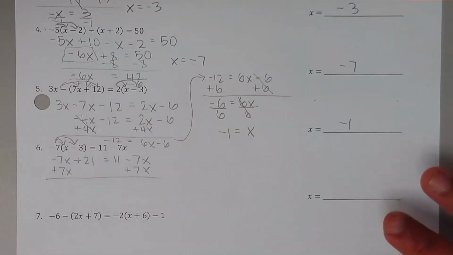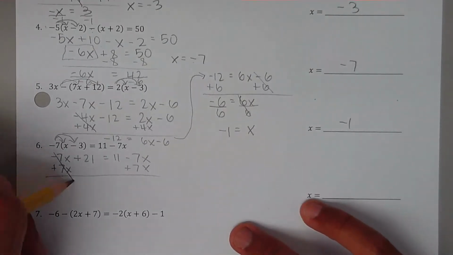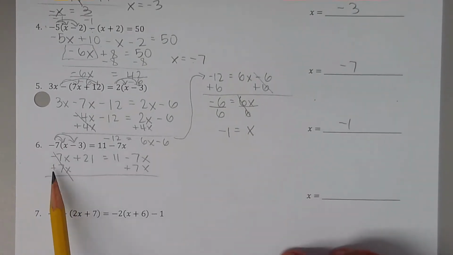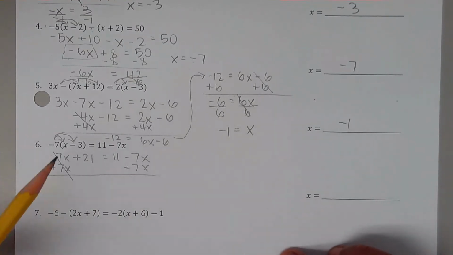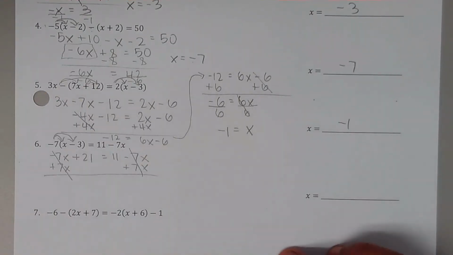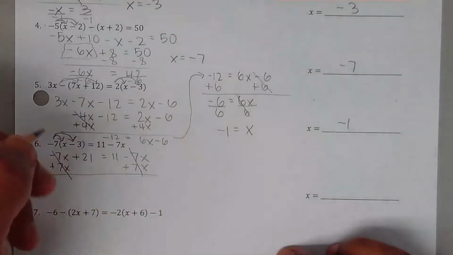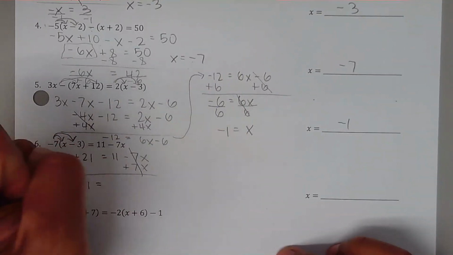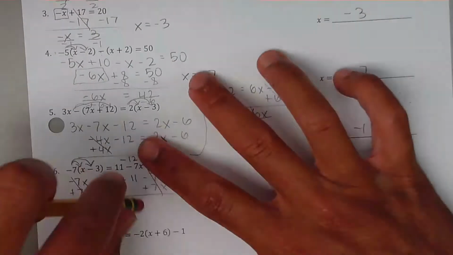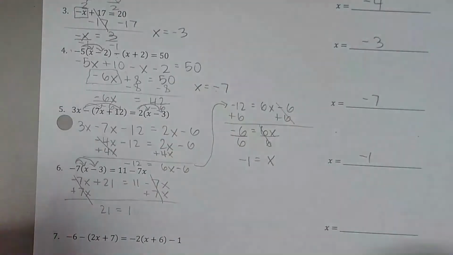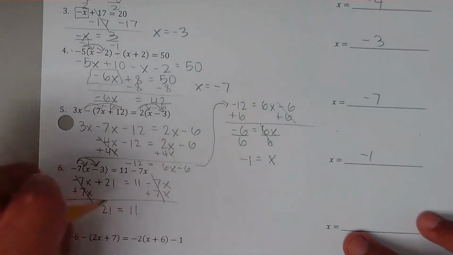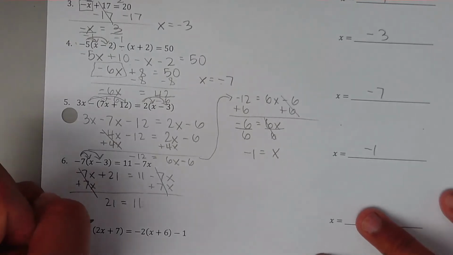So on the left-hand side, these x's cancel out. Usually, you'd have to combine like terms over here. That doesn't happen. This actually also canceled out. So we're left with 21 is equal to 11. This is never true, right?